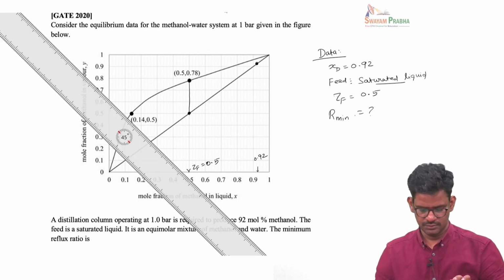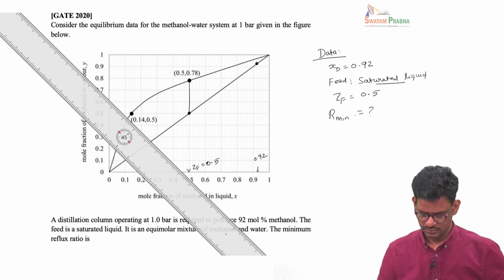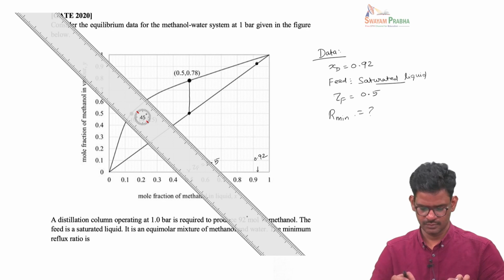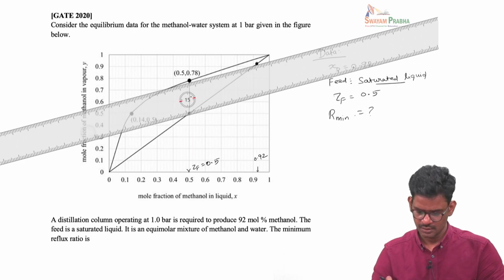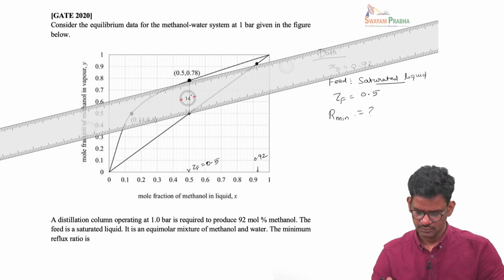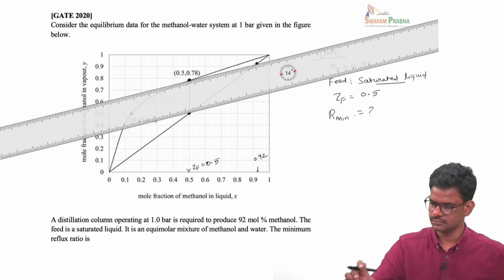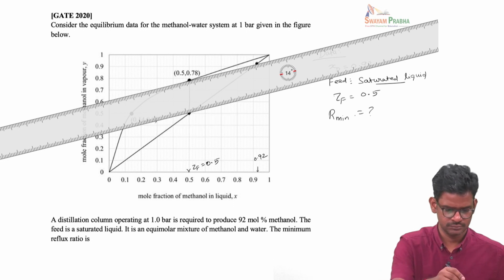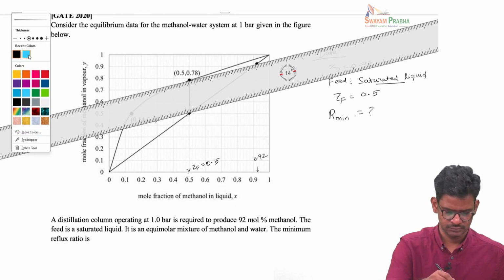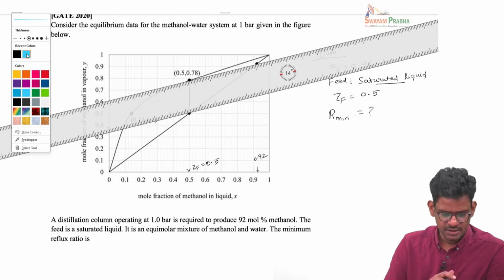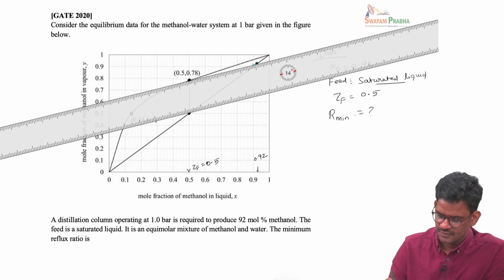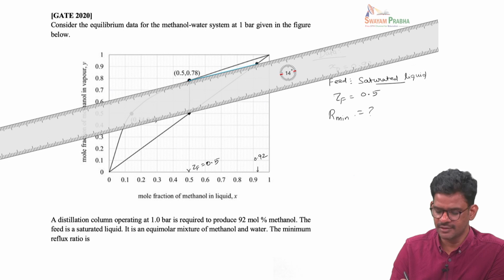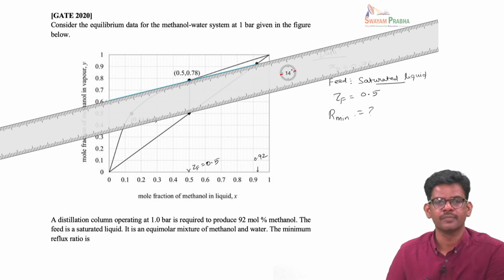So, to obtain the minimum reflux ratio starting from XD, we extend the line such that it touches the intersecting point between the Q line and the equilibrium line, and then find the corresponding intercept.